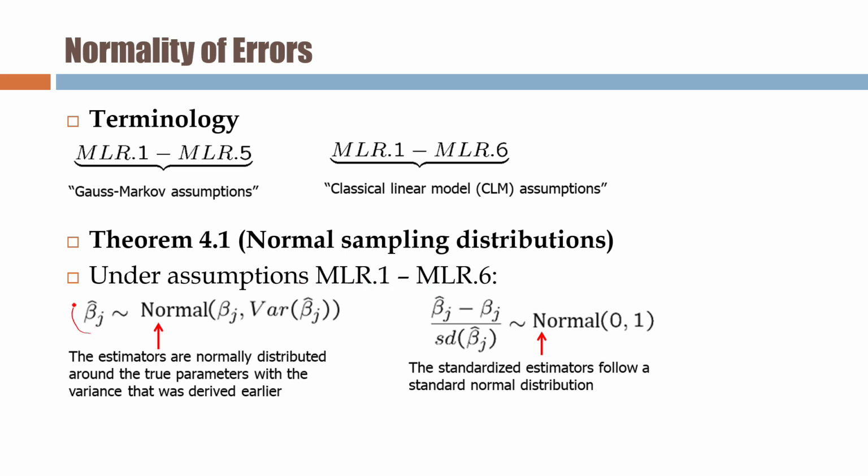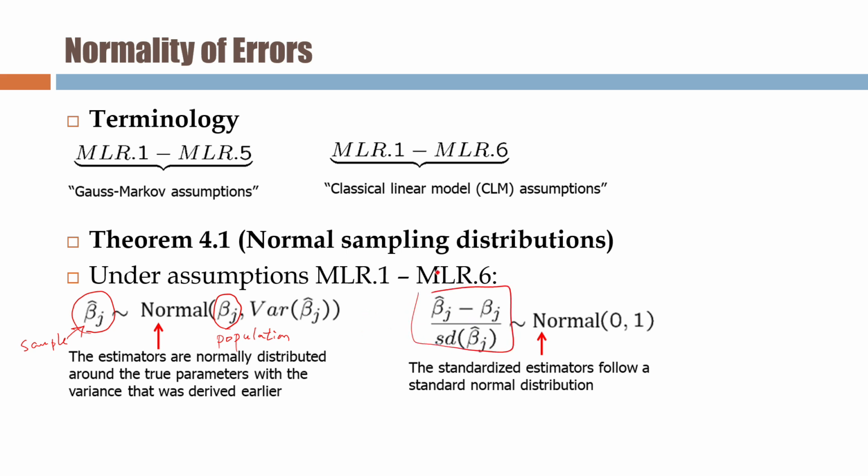My estimated beta j, this is the estimated coefficient from the sample, will follow the normal distribution around the population beta, right? Which we actually don't know. If you just change the form, what is this?